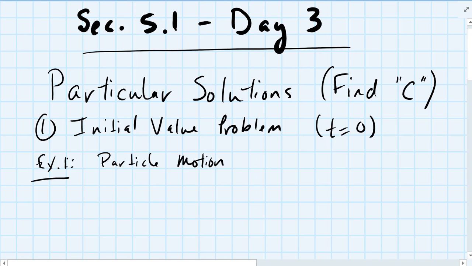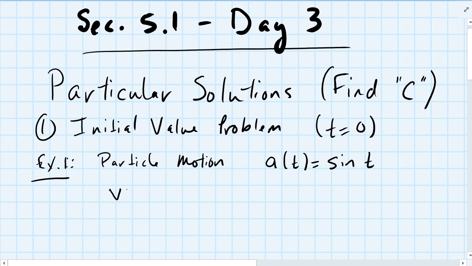And for our particle motion, our acceleration with respect to time is equal to sine of t. And they're going to tell us the initial velocity. So in the word problems, it'll say initial velocity is equal to, and they'll tell you some value. And when you see the word initial, you need to know it's time 0.